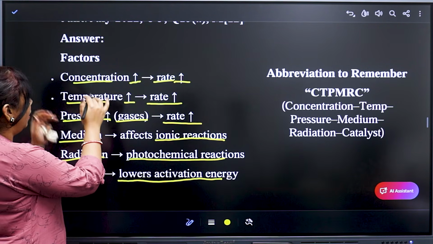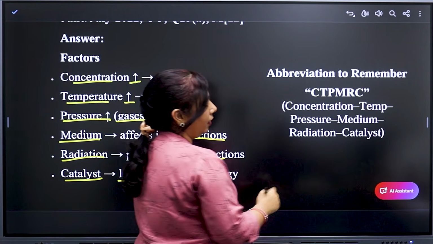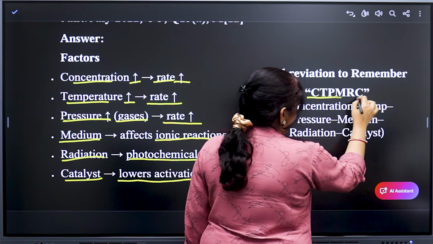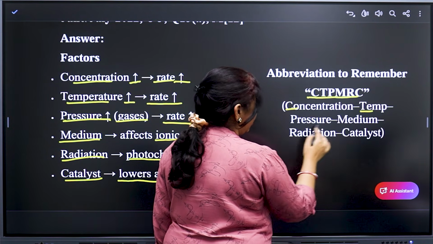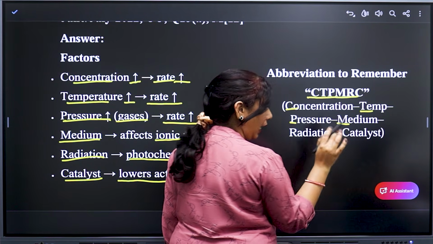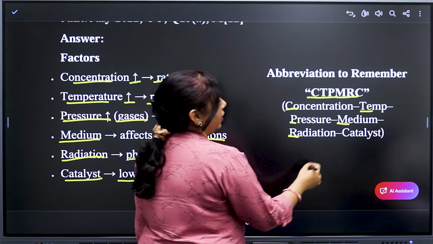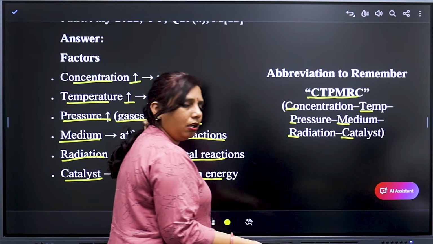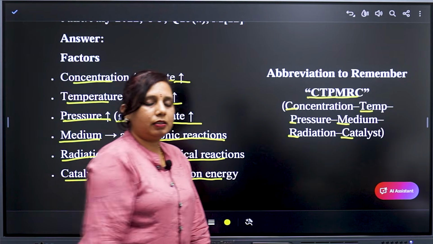Now, these are the factors that affect the rate of reaction. Here we have the abbreviation CTP-MRC. C is for concentration, T for temperature, P for pressure in the case of gas, M for medium for ionic reactions, R for radiation for photochemical reactions, then catalyst for any reaction, not just radiation and others.